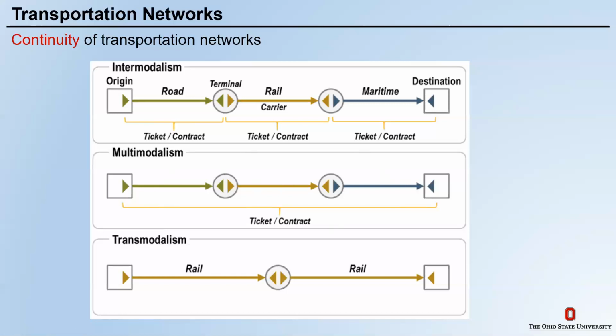Okay, that's all I want to talk about regarding the different aspects of transportation networks. And then for next week, for the whole week, we're going to talk about the quantitative evaluation of the risks of transportation networks.